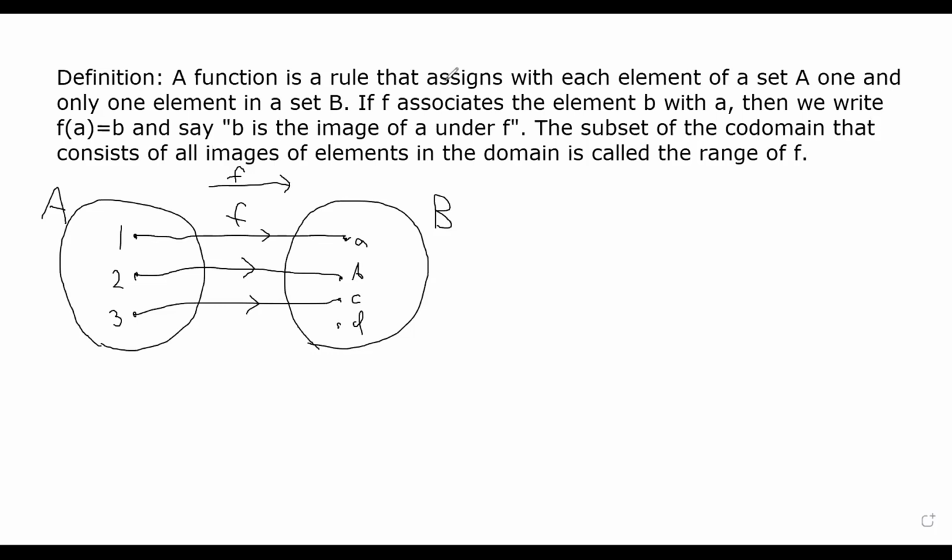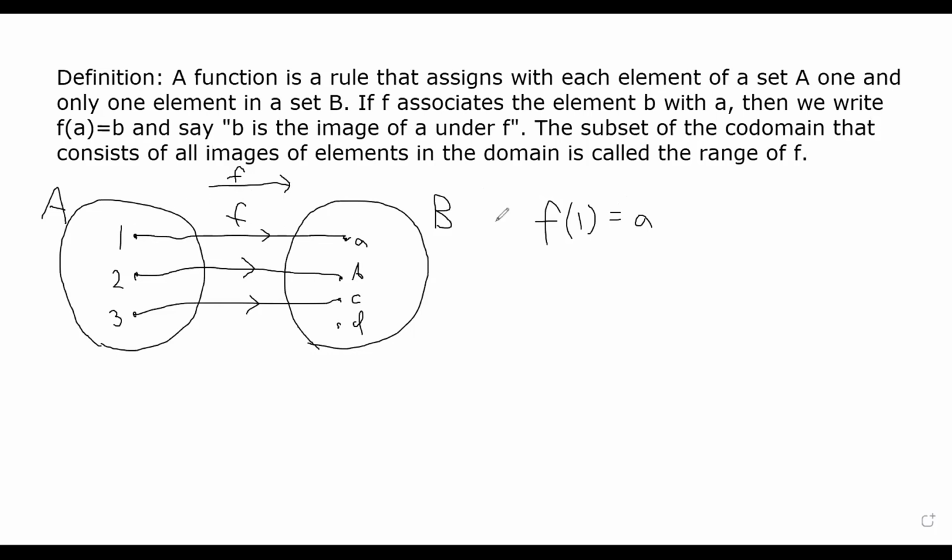So the second sentence says if F associates the element B with A, then we write F of A equals B. In other words, we can write F of 1 equals A, because we associated 1 with A. See that?